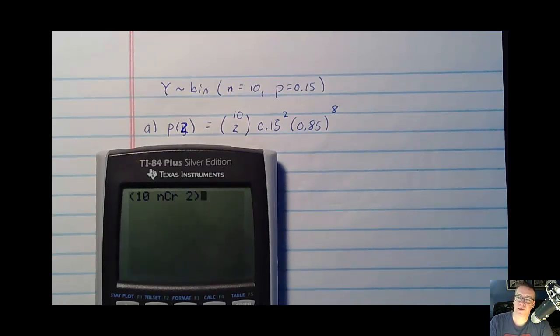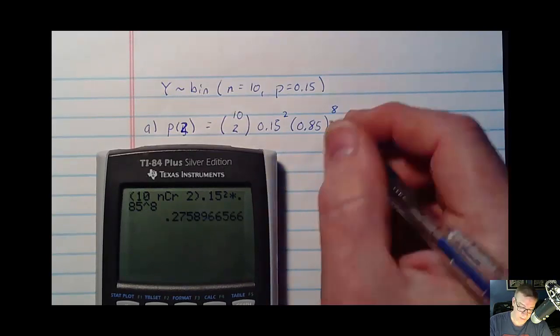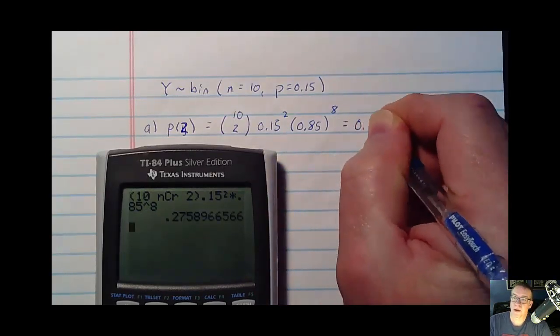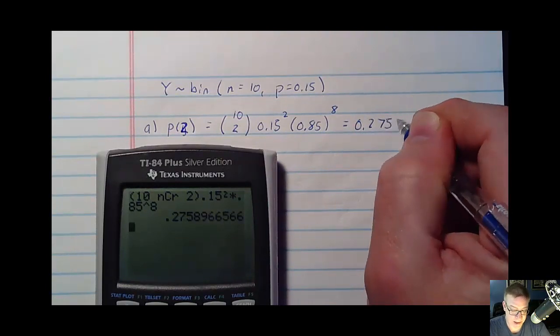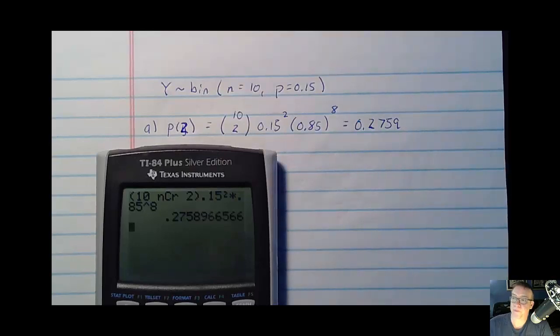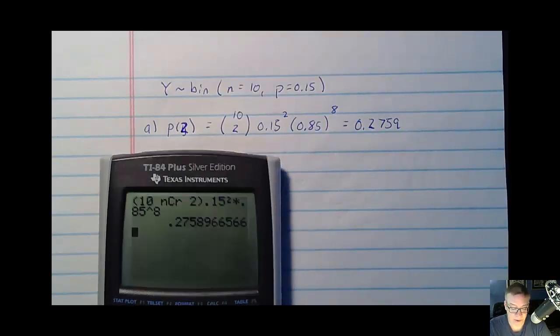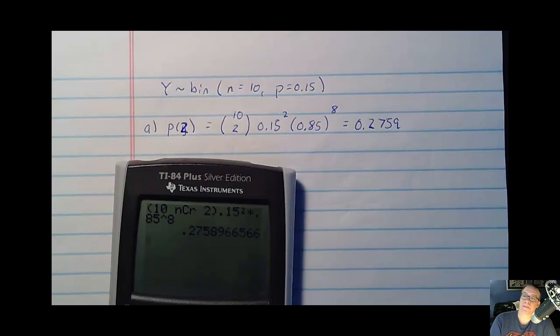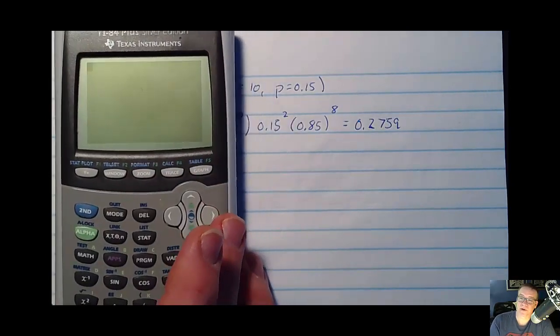Okay, so that's my combination 10 choose 2. And that's being multiplied times 0.15 raised to the second power. I guess I could just do a square there. And that's being multiplied times 0.85 raised to the 8th power. And I see that turns out to be something like 0.2759. Probabilities are almost always rounded to 4 decimal places. Okay, so that wasn't too tough to do.